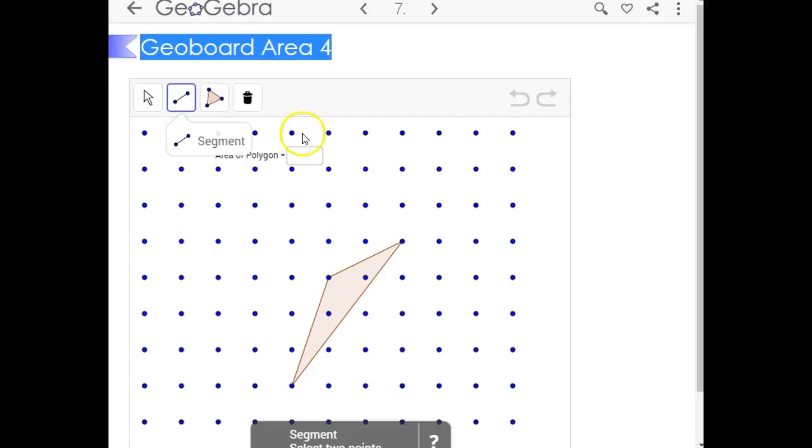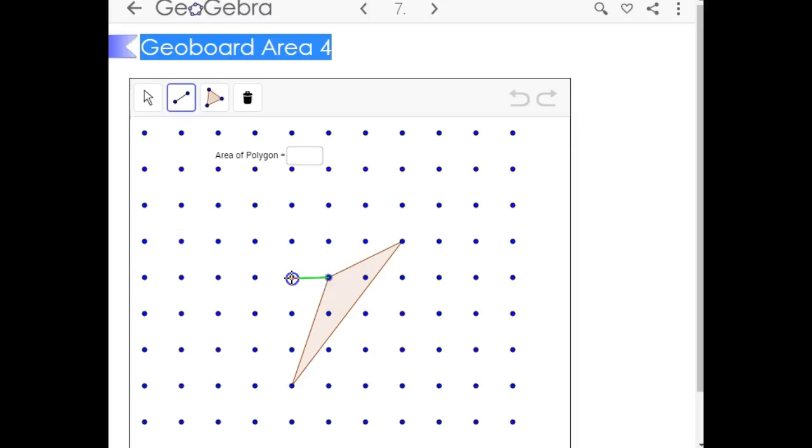Okay. Oh, look, there's a little window there. Okay. So let's try this one. I don't know if that's going to help.